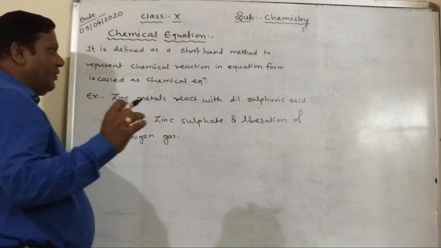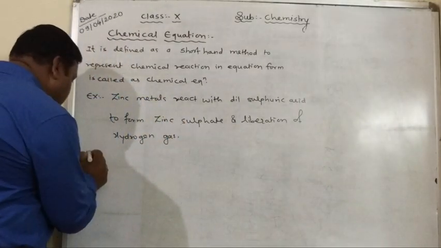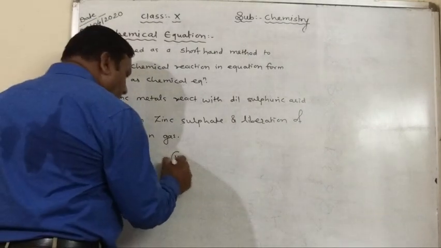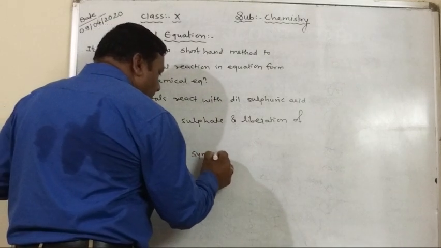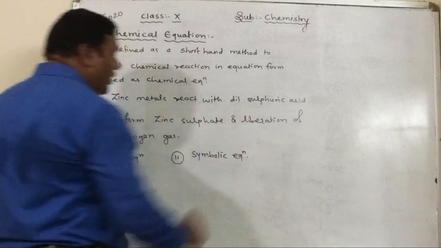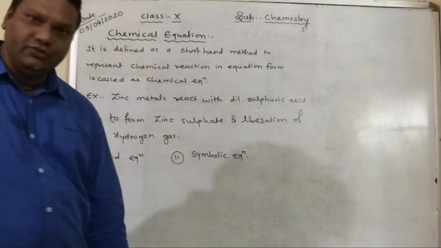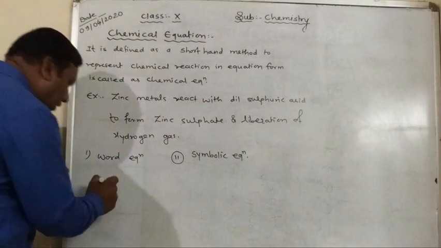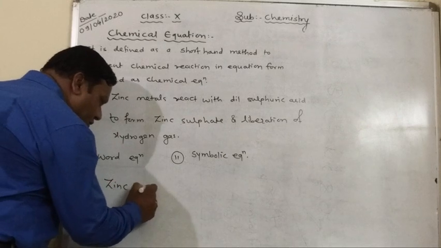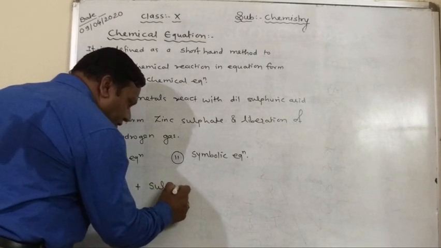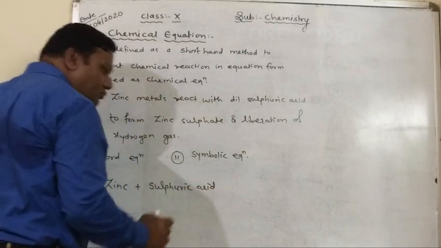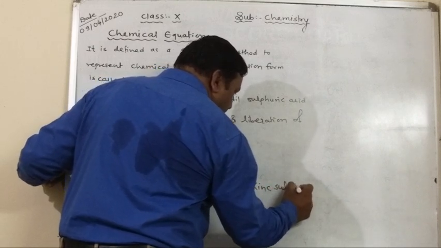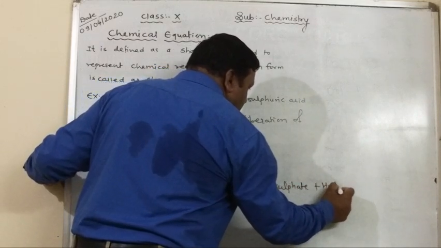Now in this case, chemical equations are of two types. One is the word equation and another one is the symbolic equation. Okay, so this reaction according to the word equation will be zinc plus sulfuric acid to get zinc sulfate plus hydrogen gas.